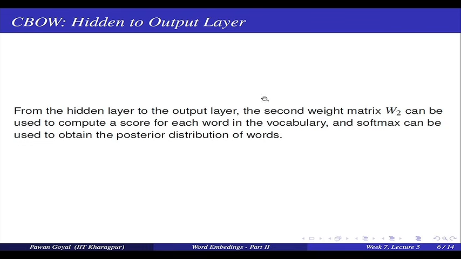You can think of this 1 cross v matrix as having weights for different words in my vocabulary, and I want to maximize the weight for my center word. Okay, so from the hidden layer to the output layer, the second weight matrix W2 can be used to compute a score for each word in my vocabulary, and now you can obtain the weights.